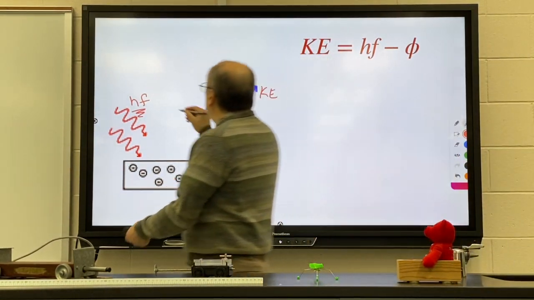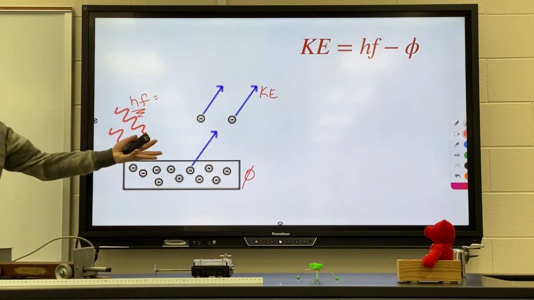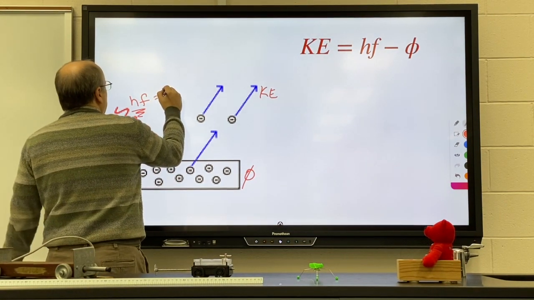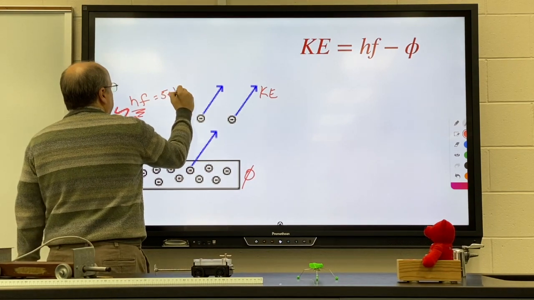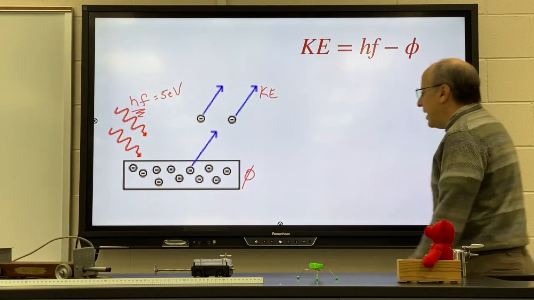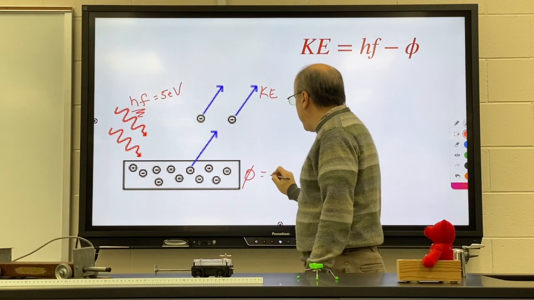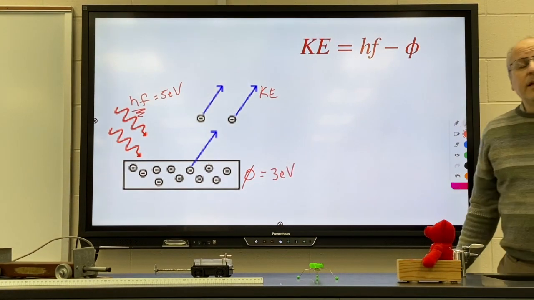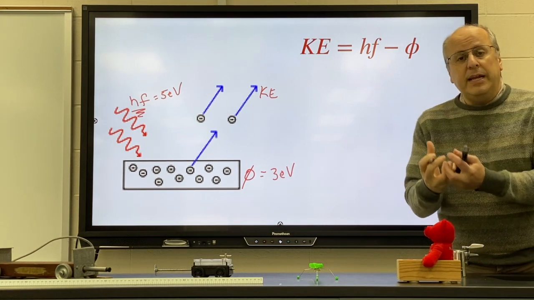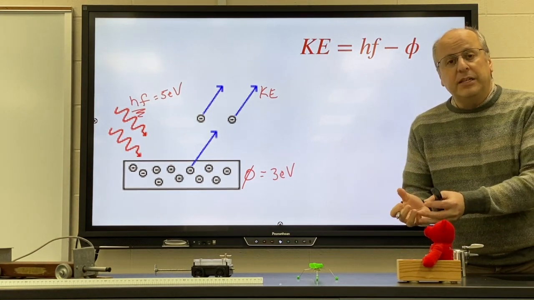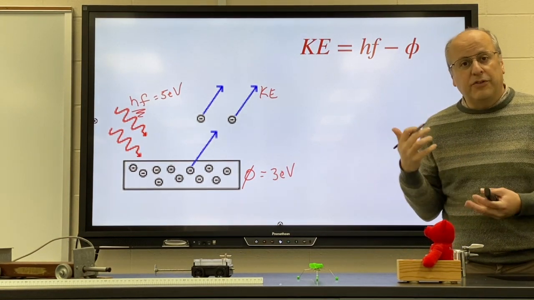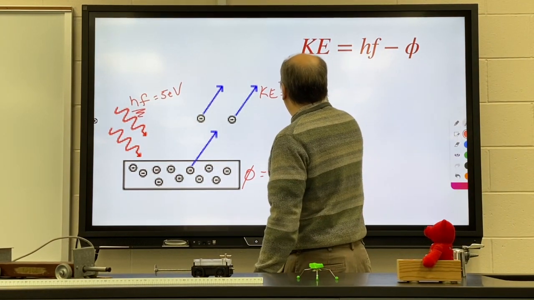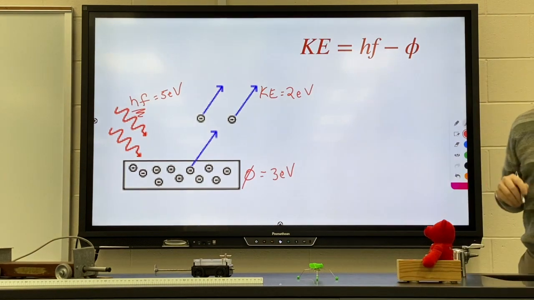So just to make up some numbers, these are not real, but let's say the light had an energy of 5 electron volts. And let's say the metal had a work function of 3 electron volts. That means it takes 3 electron volts worth of energy to take away the electron. That would mean the electron has 2 electron volts left. I hope that makes sense.